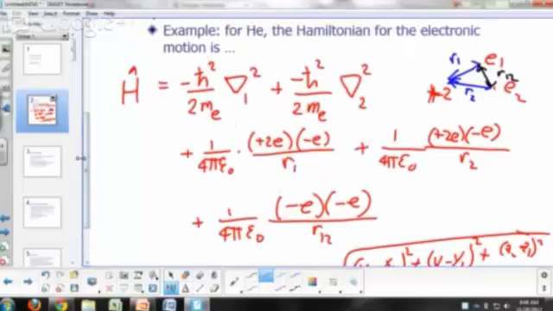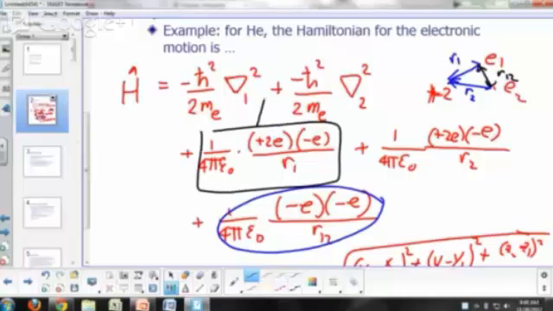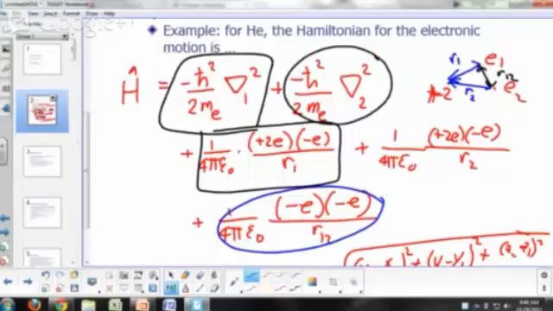Whereas this potential energy term depends on the coordinates of both electrons, these depend only on the coordinates of electron 1, right? And these depend only on the coordinates of electron 2. We have our origin set at the nucleus.